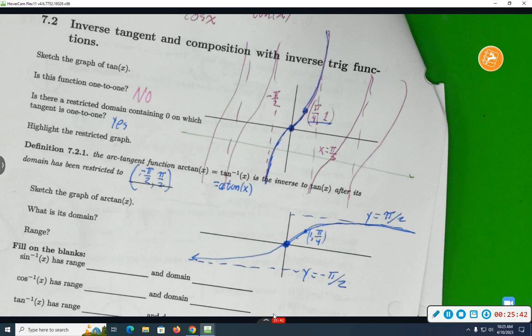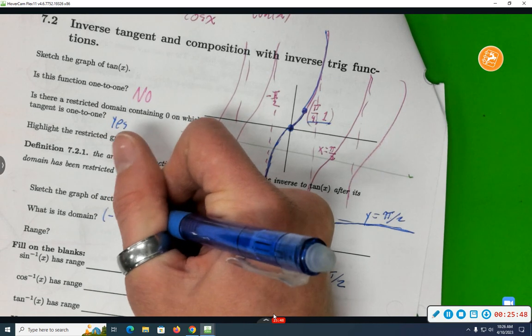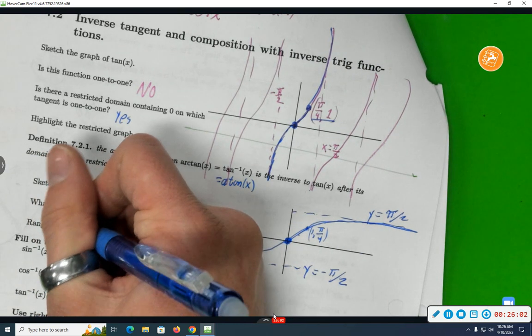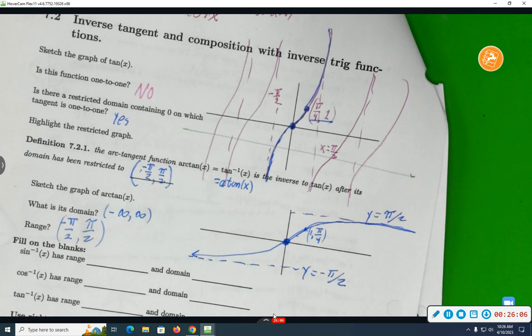All the real numbers, negative infinity to infinity. What is its range? Yeah. Negative pi over 2 excluded to pi over 2, also excluded.